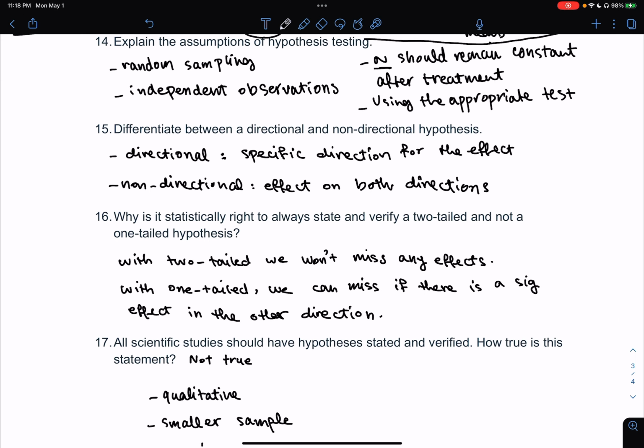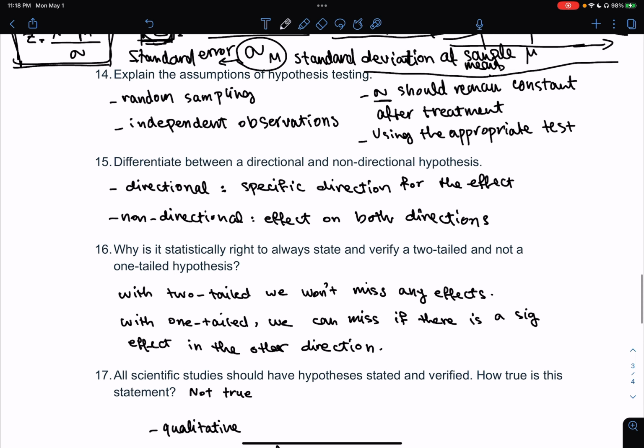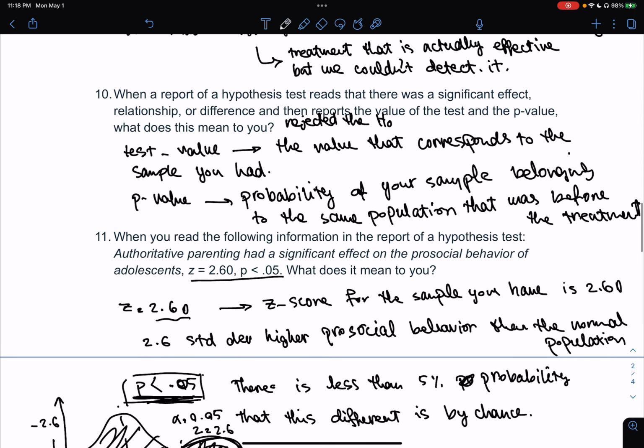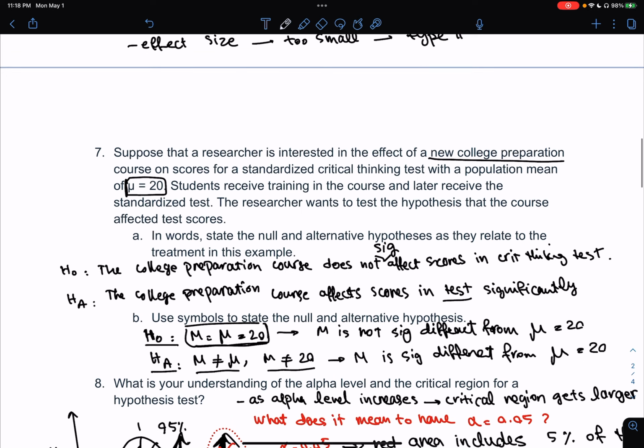Differentiate between a directional and non-directional hypothesis. So directional is a hypothesis that has a specific direction for the effect. If we specify that the effect that we want to see is an increase in something or a decrease in something. So here, let's go back to that test question that we had. It says that the researcher is interested in the effect of the college preparation course.